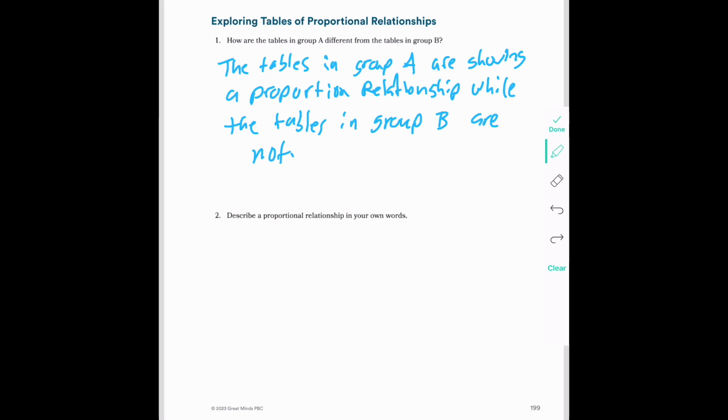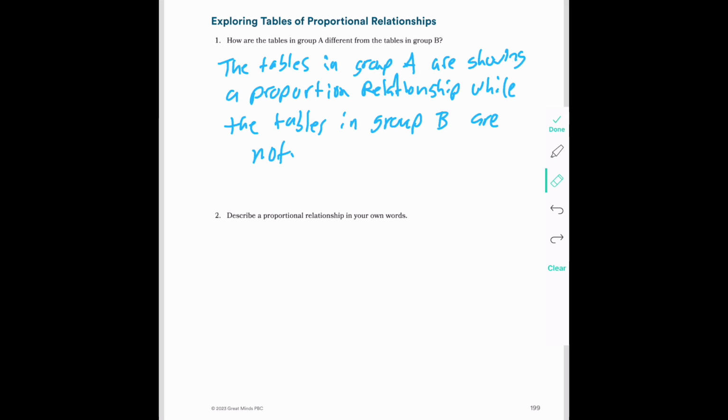Then number 2 says describe a proportional relationship in your own words. So, you can go ahead and make an attempt. Pause the video. Think about the things that are said. Okay, so your answer should have been something along the lines of: when you have a pair of quantities, which just means a pair of numbers that make equivalent ratios, when you divide them, you get the same constant, or the same answer.